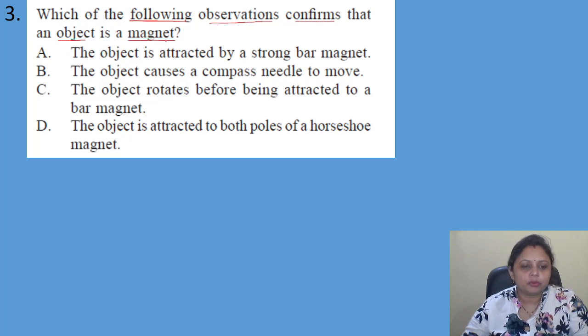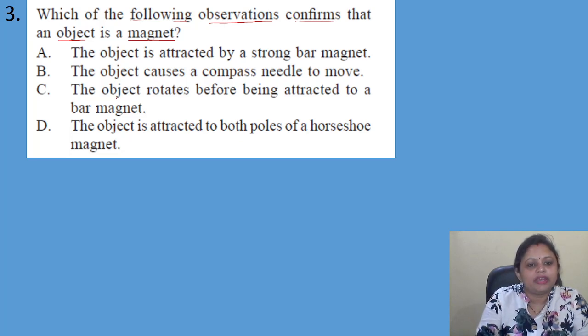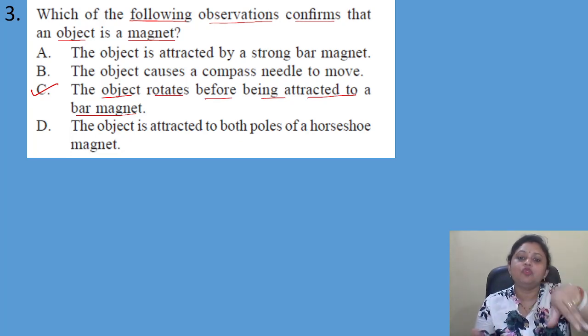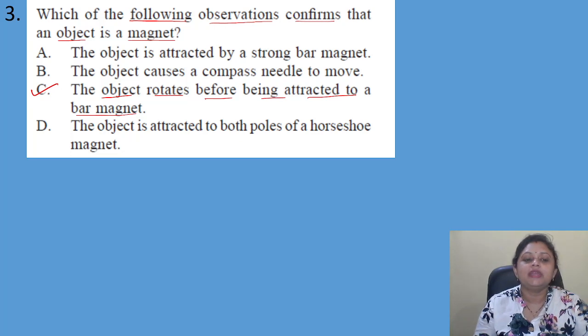The object rotates. Here option C, the object rotates before being attracted to a bar magnet. So before being attracted to a bar magnet, that object rotates. So here option C is the correct answer.